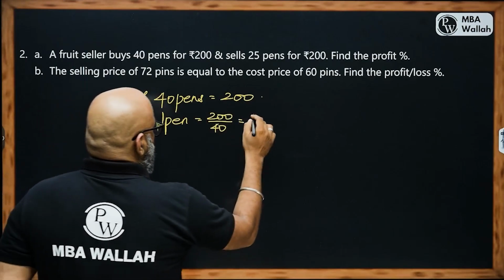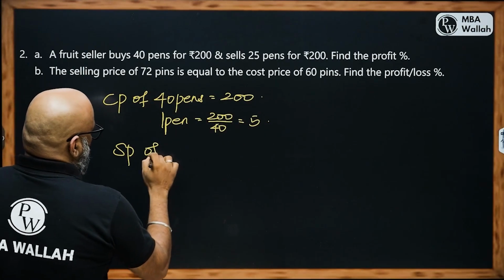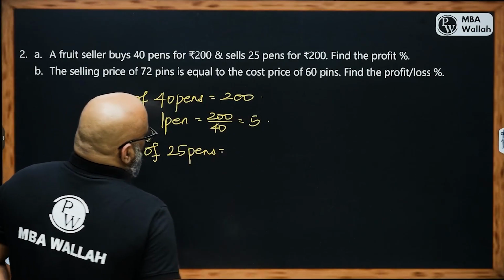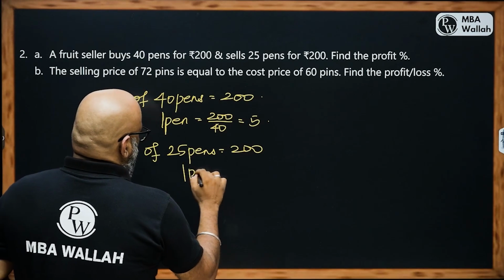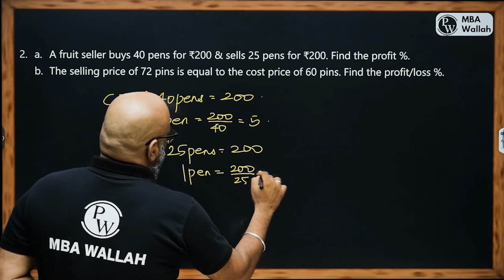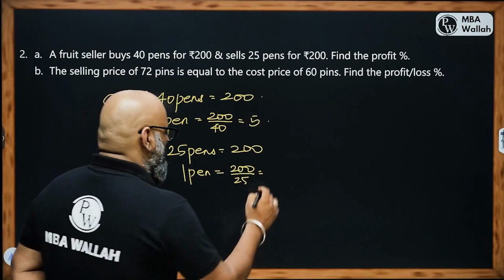That will be 5. Selling price of 25 pens is equal to 200 again. So selling price of 1 pen is equal to 200 by 25. 25 into 4 is 100. So into 8 will be 200.